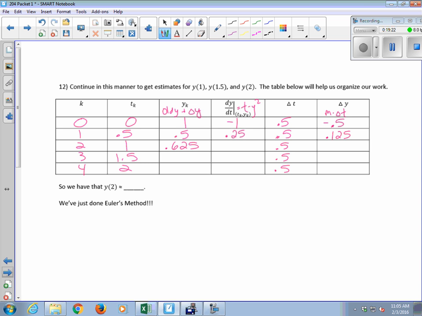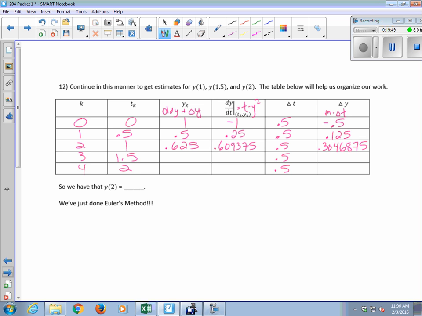Plug into the differential equation, so I just do t minus y squared, 1 minus 0.625 squared, and I get 0.609375. And then your change in y is your slope times your change in t, and that's 0.3046875.